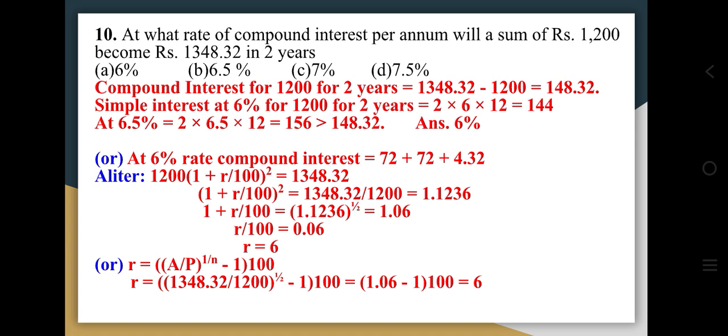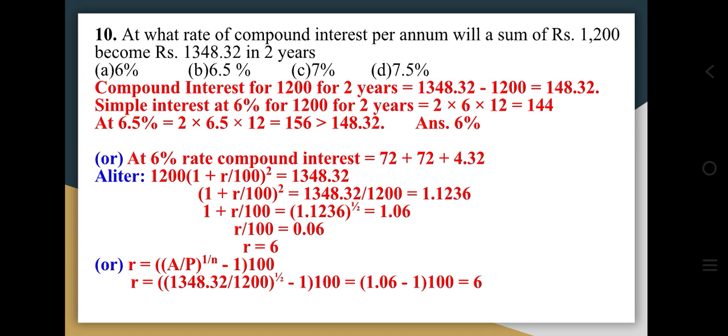So (1 plus R by 100) whole square is 1348.32 divided by 1200, which is 1.1236. If we perform the actual division by 12 and shift 2 decimal points, you can see that the answer is 1.1236. So 1 plus R by 100 is 1.1236 whole power 1 by 2.